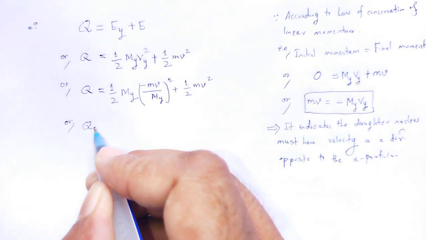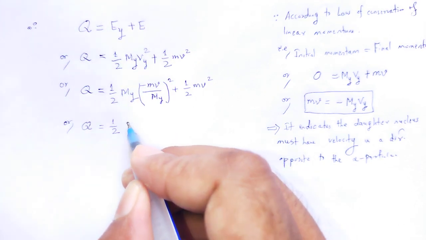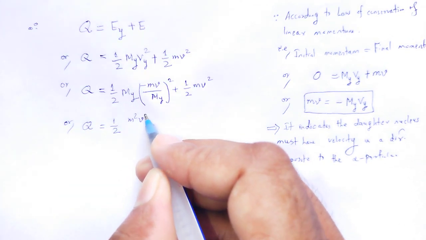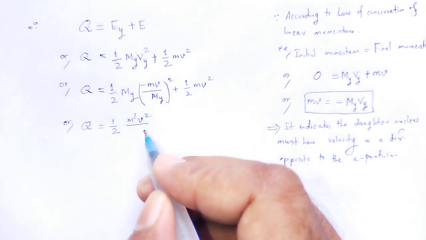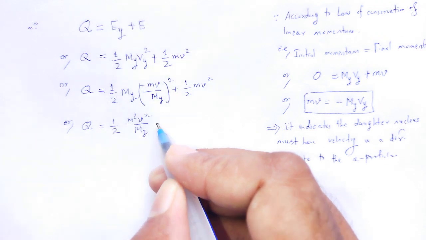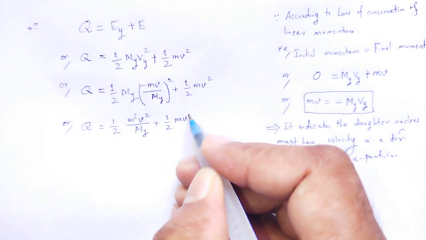Or Q is equal to half m square v square over My, where one My cancels out, plus half m v square.